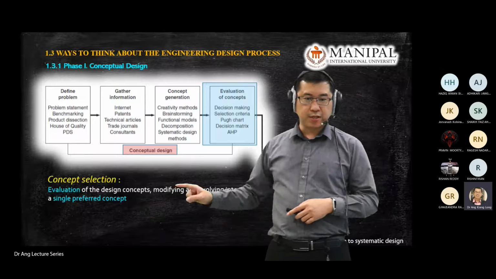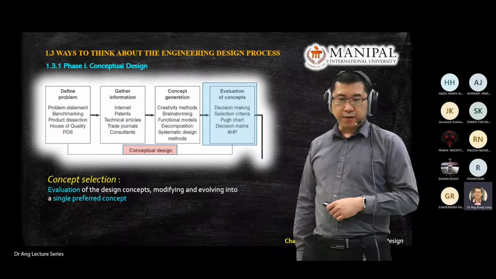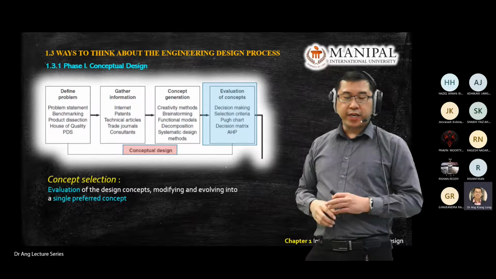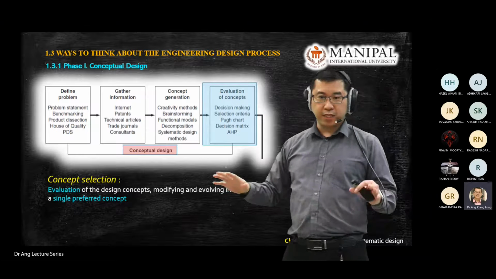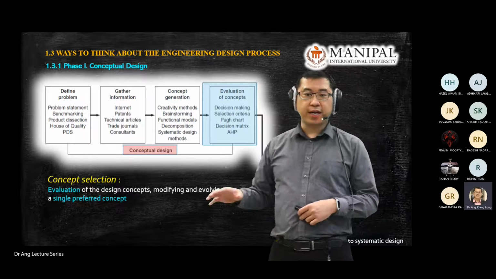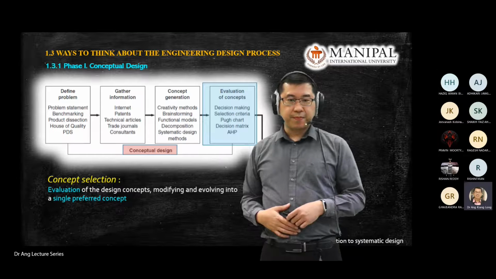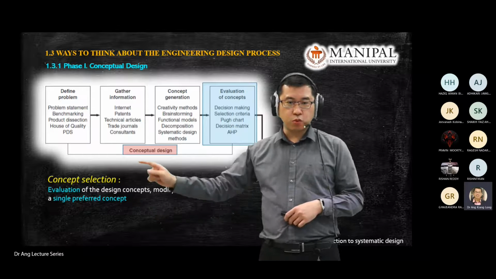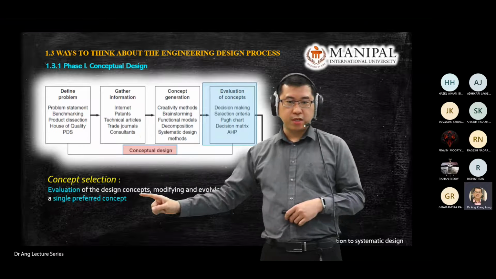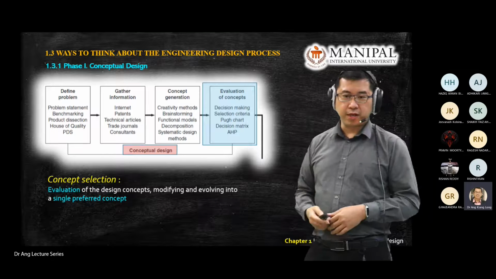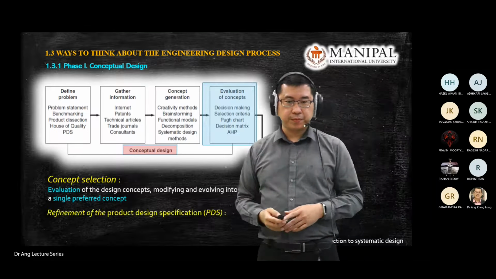Okay, so this is all the textbook definition. Basically, when it comes to the fourth stage, it means you already have a few designs to choose from, and each design has its own strength. Then you select the one that is closest to your goal, or closest to your solution, right?